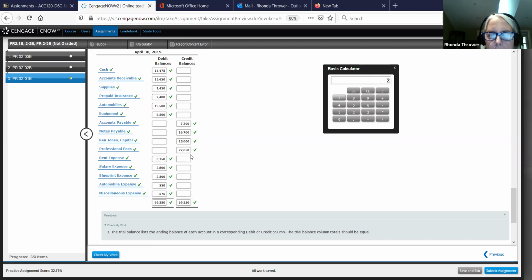Put down the total of your revenue, which was your professional fees, $27,650. All right. Now you got to subtract from it each one of the expenses. So we had a rent expense for $31.50.